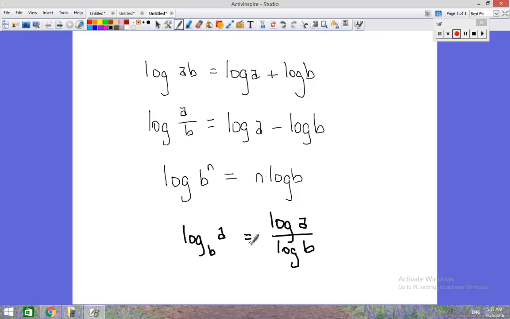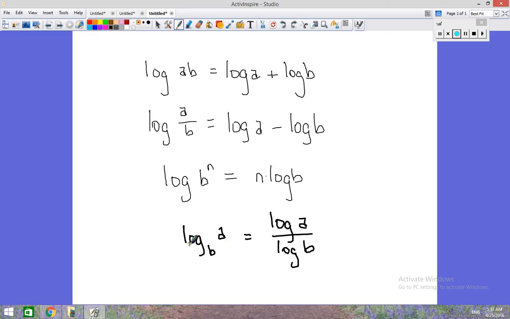And then here, this property is referred to as the change of base formula. It's especially helpful when you're trying to use your calculator. You only have 2 buttons on your calculator with logarithms, the common log button and the natural log button.